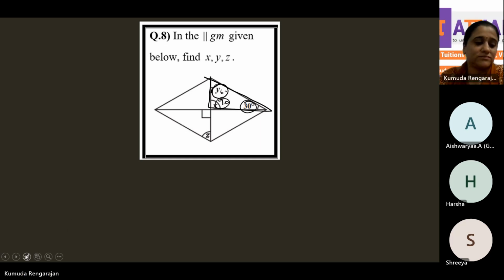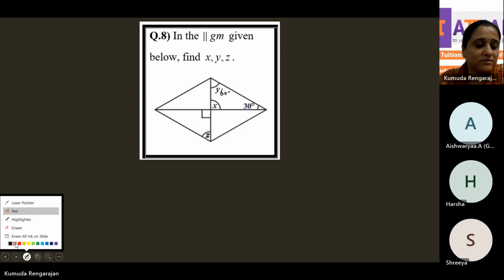Because this is a triangle, the sum of all the angles will be 180 degrees. 90 plus 30 plus y is equal to 180. On solving that, you will get y is equal to 60 degrees.